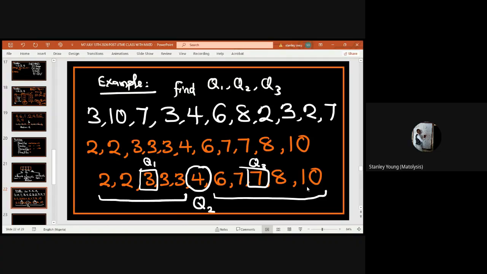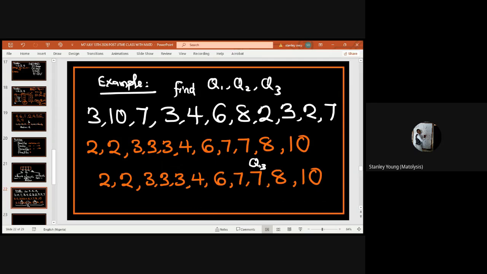For you to find Q1, your first step is to arrange the data orderly. Like in this question now, they're asking to find Q1, Q2, Q3. Rearrange orderly. After doing that arrangement, you make an attempt to find the center number.